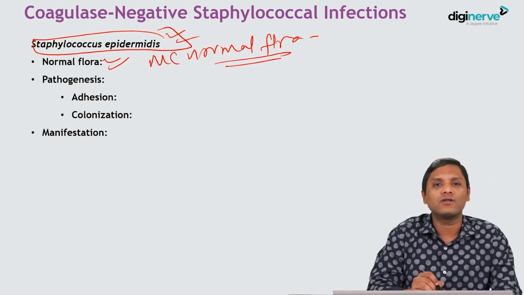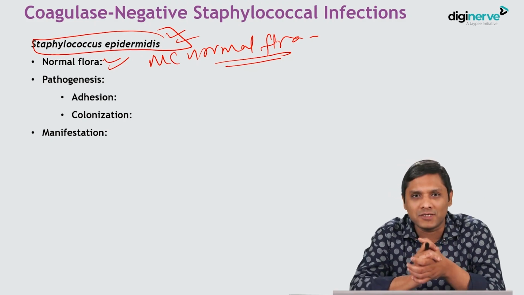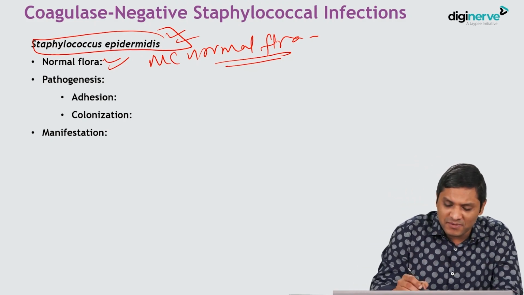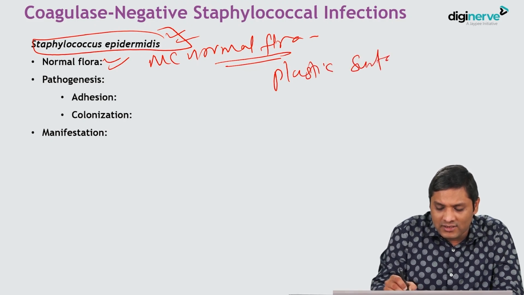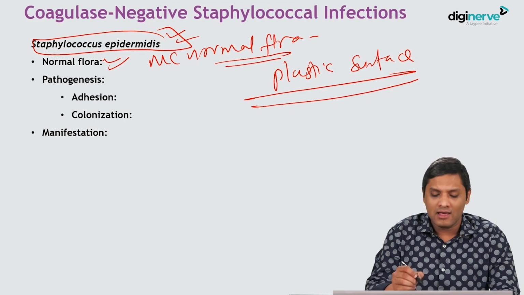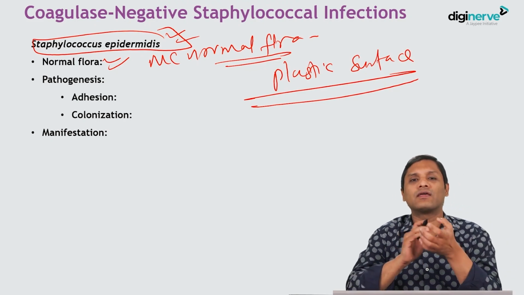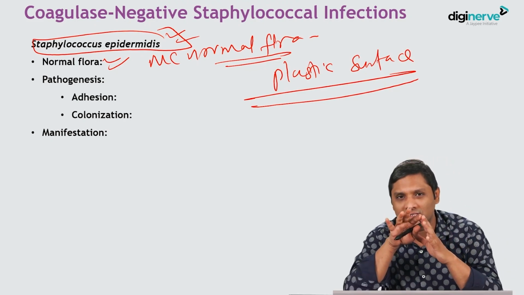Okay, however, they can cause infection in specific situations, especially if you have any plastic surfaces present inside the body, like for example in case of catheters, in case of central line.